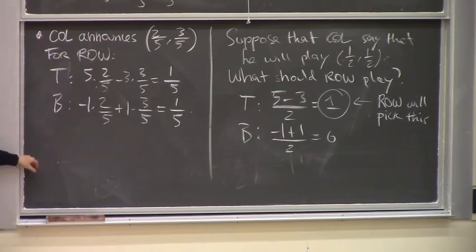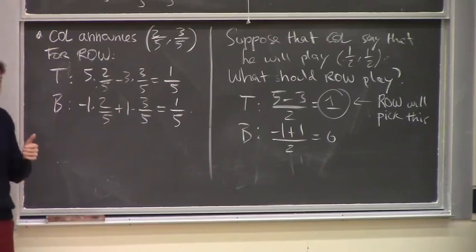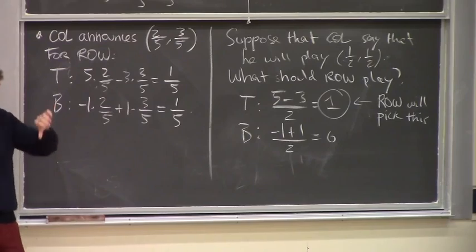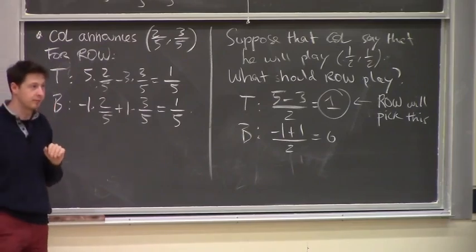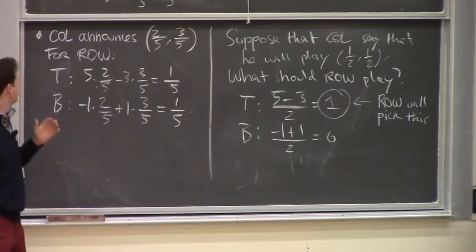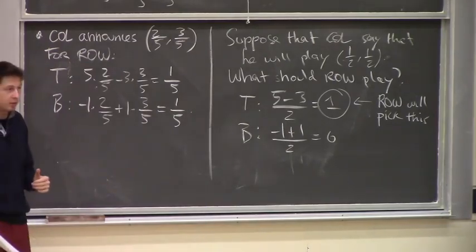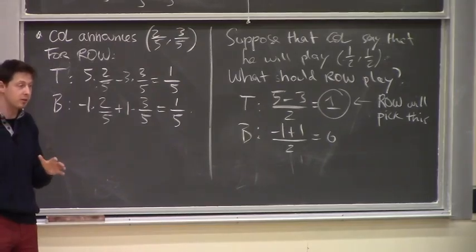Why does it mean the same? Because, remember, the row player wants to increase utility, right? And the column player wants to decrease utility. If among all the things the row player can do, there is a strategy that makes sure that regardless of what the column player does, the utility cannot be worse than 1/5.